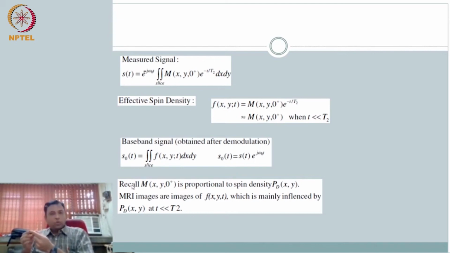Like your slice thickness: when you have a bigger slice thickness, I will have more volume, like the imaging plane times delta z, so I will have more signal. The Mxy that you are measuring, the S of t that you are reading out, will be high if you have a larger thickness and low if you have a thinner slice. That's what this intuition tells.